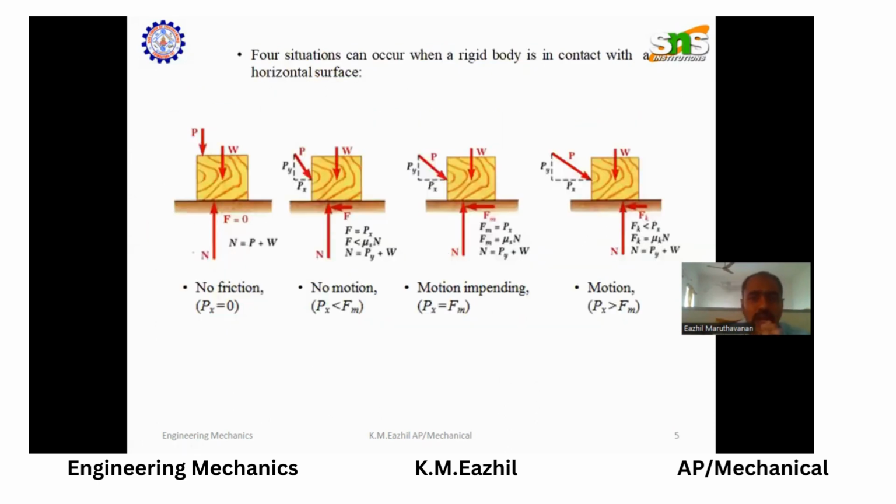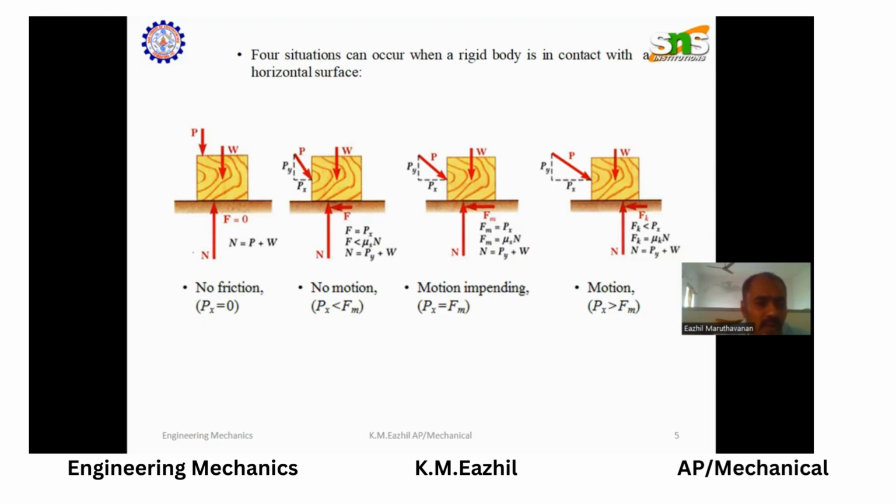There are four situations that can occur when a rigid body is in contact with a horizontal surface. Case 1: when the applied force P is in a vertical direction, the system is in equilibrium. Here the frictional force is not there.